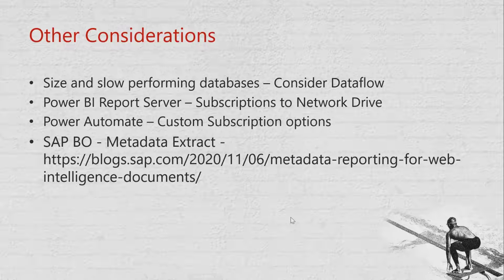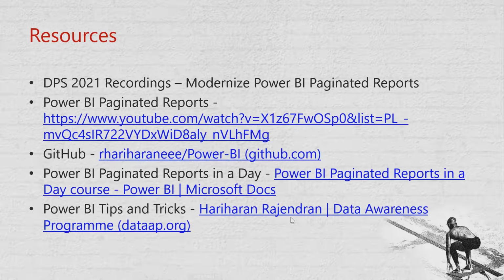You can think of either a PowerShell script or Power Automate. And this is a link for the metadata extract, in case you want to see the audit log and the list of artifacts available in SAP BO to plan yourself, or to identify the number of reports really used by the business users. That's where you can use this metadata extract.